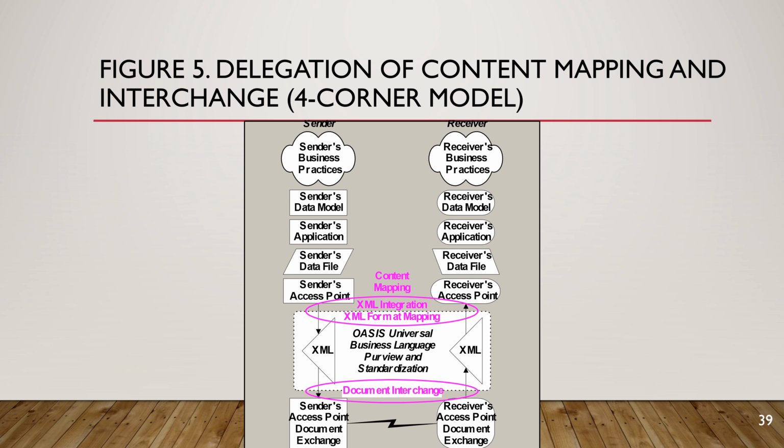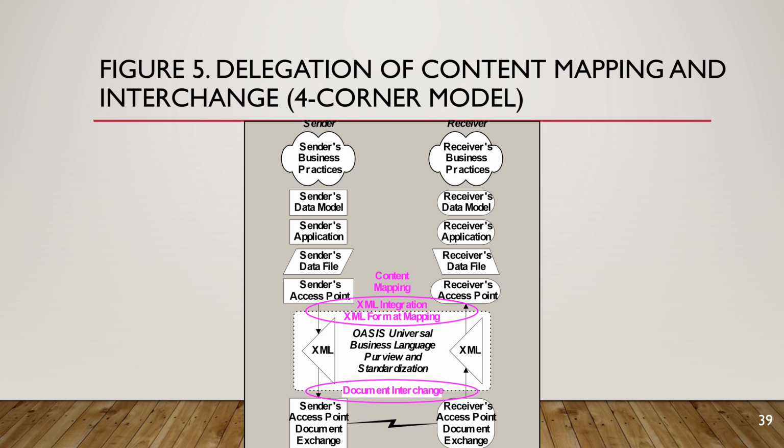It's worth mentioning here that it doesn't have to be a single universal format. The sender's access point and the receiver's access point just have to agree on some sort of common denominator access point. So if both the sender and the receiver are using bare credentials, they can use bare credentials.